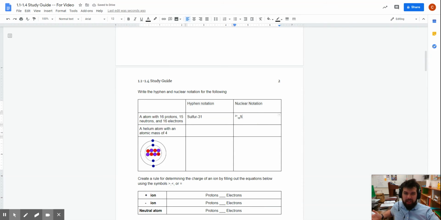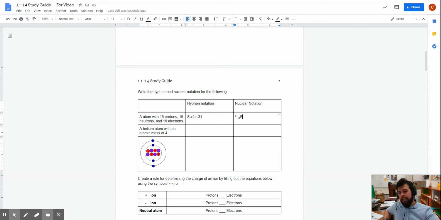Looks a little bit better. But if you just want to write 31 and 16 and sulfur right there, just do your best to get one above the other. That'll work. But yeah, again, that's just the mass on top and then the atomic number on the bottom with the chemical symbol to the right of it.